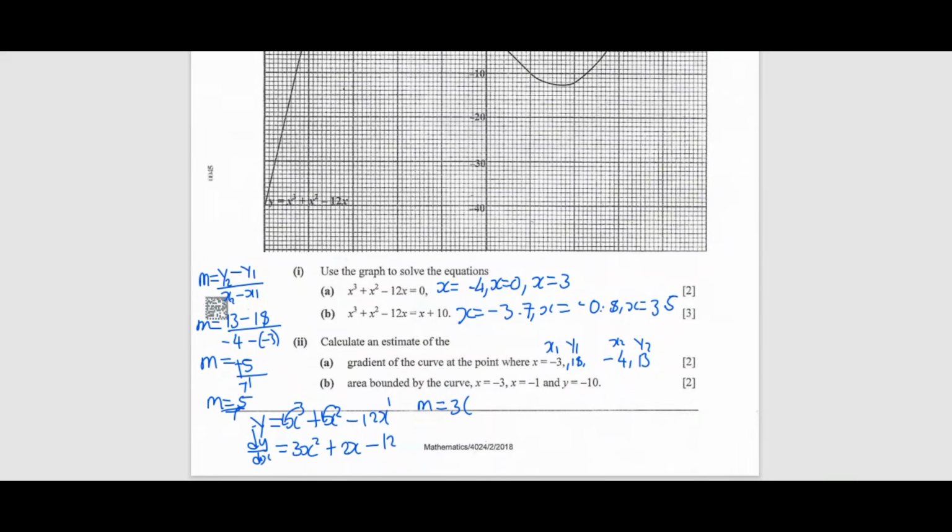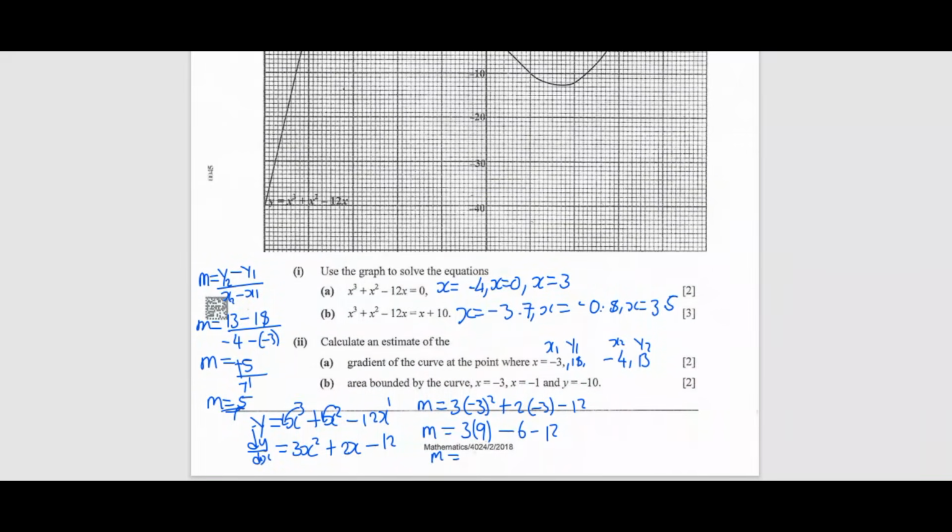So we can now say gradient is equal to 3x squared plus 2x minus 12. What is our x? So the x coordinate is -3. So m is equal to 3 times -3 squared plus 2 times -3 minus 12. Here we have 27 minus 6 minus 12.